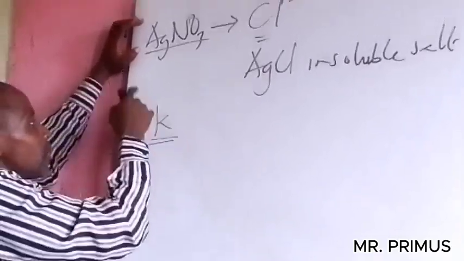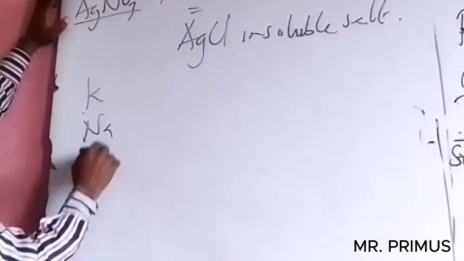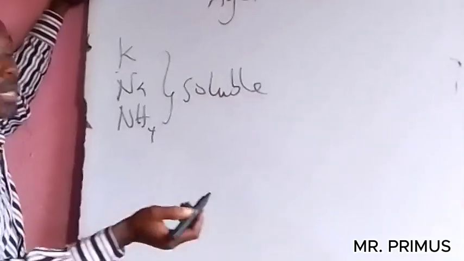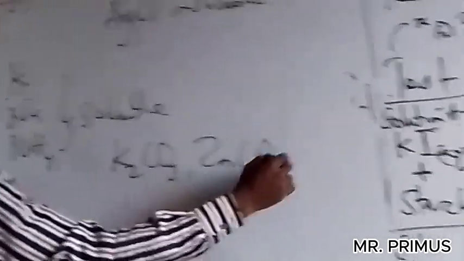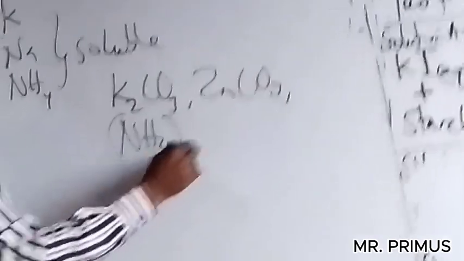Any salt that contains potassium, sodium and ammonium is soluble. You may be asked a question like this. They will give you K2CO3, ZnCO3 and (NH4)2SO4.